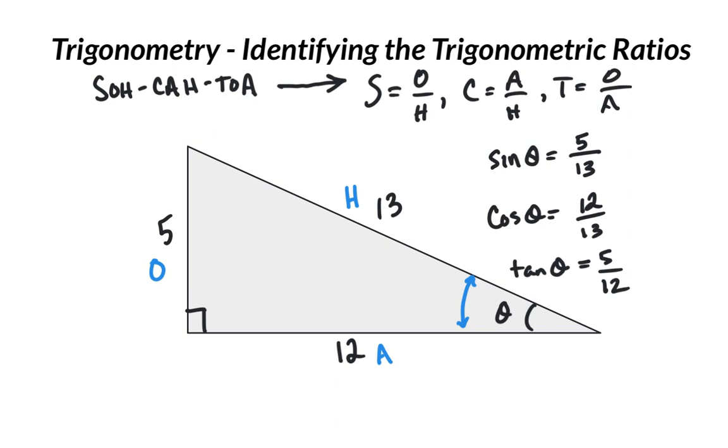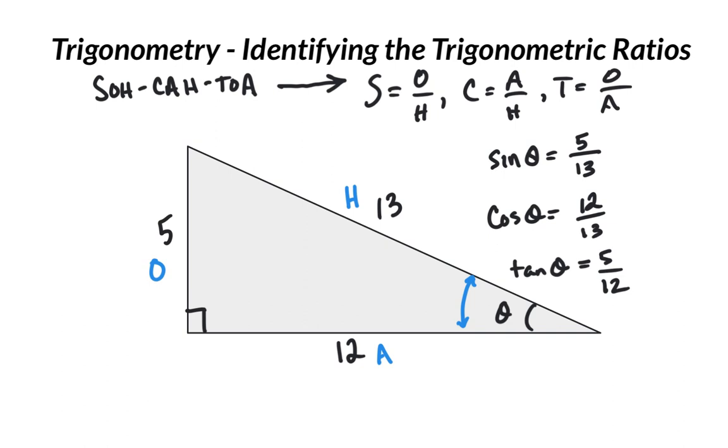And the thing is, anytime you have a similar triangle, if you doubled each of these, let's say it was 24, 10, and 26, that would mean that this angle must be the same, because you have some kind of multiplier that would transform this triangle into the other. So that's why these trig functions, these ratios here, will help us to solve for missing angles and sides, because for any similar triangle, they will hold true.